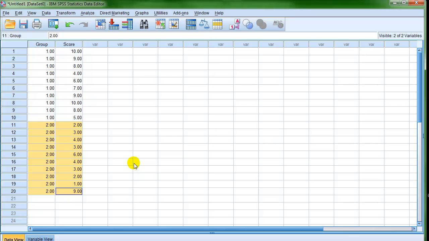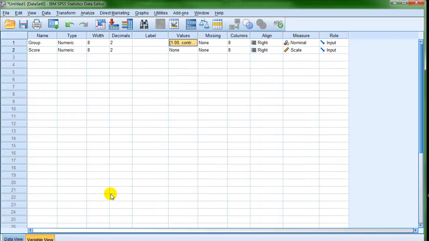Okay, so it's pretty straightforward. So essentially what you're doing is you're telling the computer that these participants here belong to the control group, and these participants here belong to the treatment group. Okay, so the grouping variable, the test will not work correctly unless you have a grouping variable in SPSS.